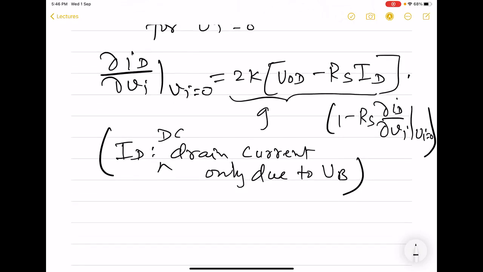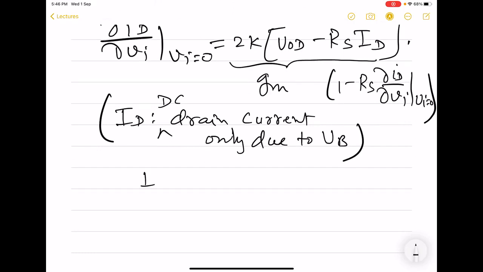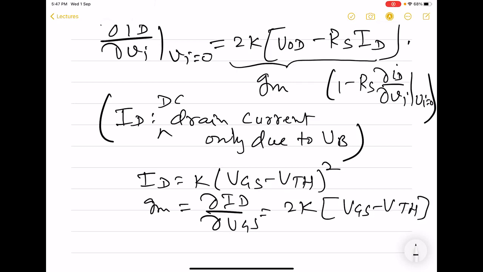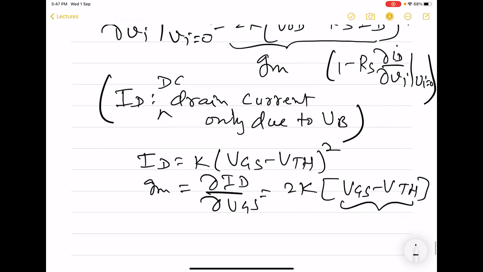So this factor actually is going to be equal to GM. We know that the DC drain current will also be given by K times the DC gate to source minus VTH, whole square. So GM is 2K (VGS minus VTH).